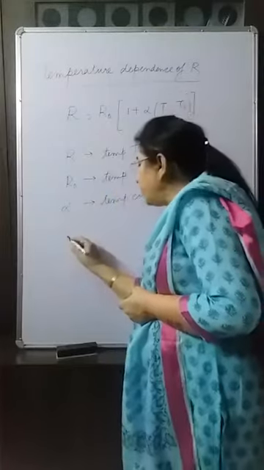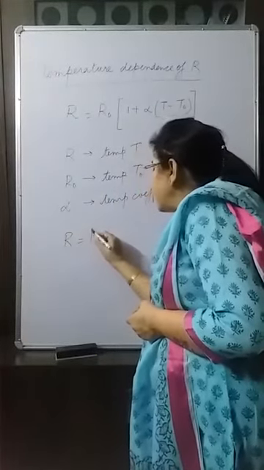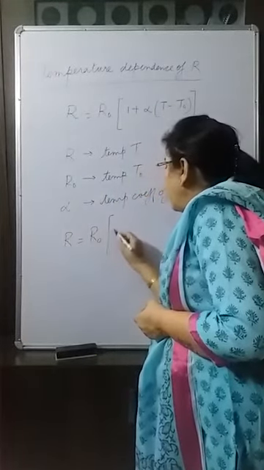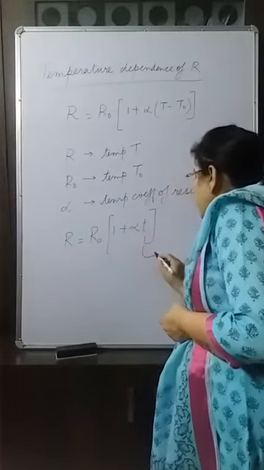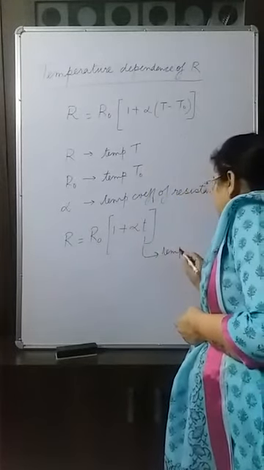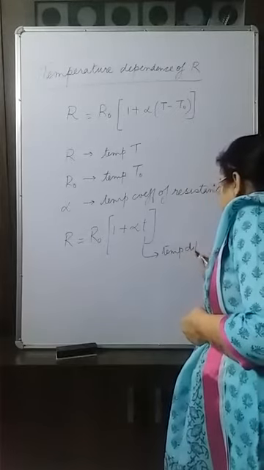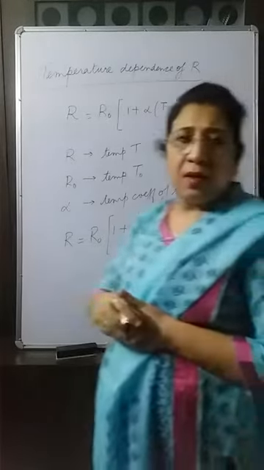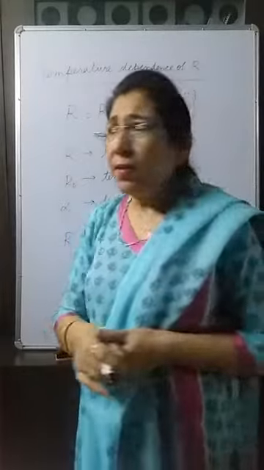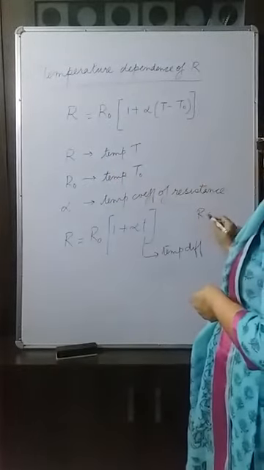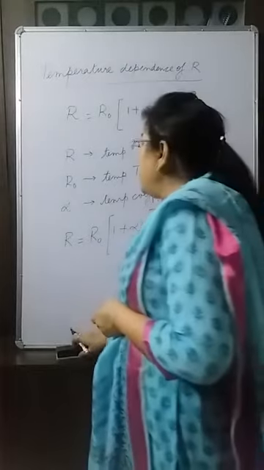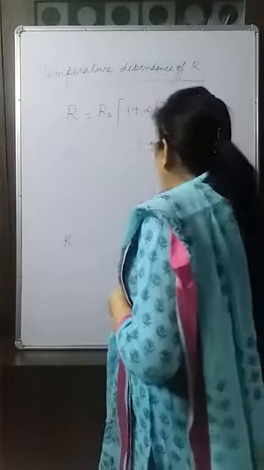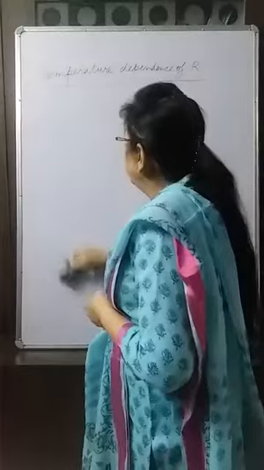This formula can be written as R0 (1 plus alpha delta T), where delta T is the temperature difference. Not only resistance, because resistance and resistivity are related, we can have a similar relation for resistivity.